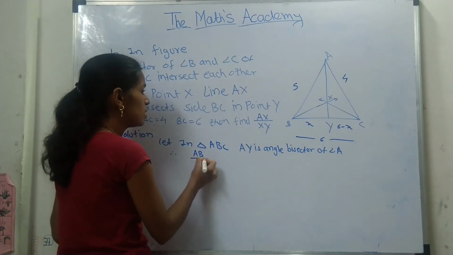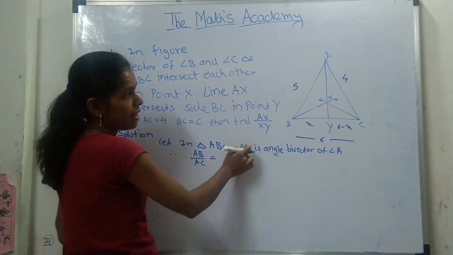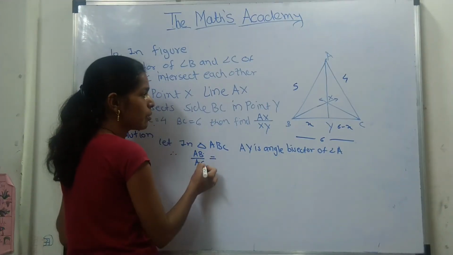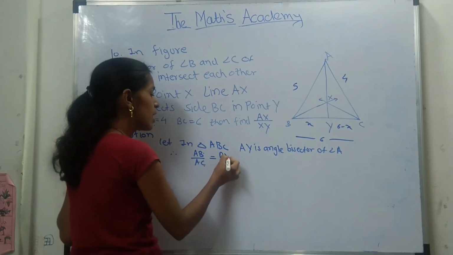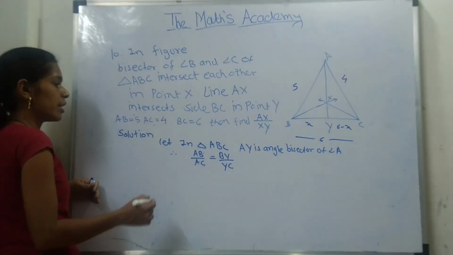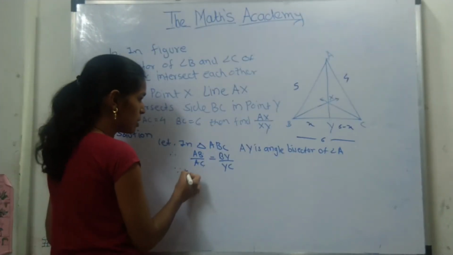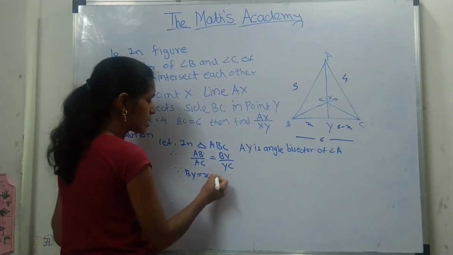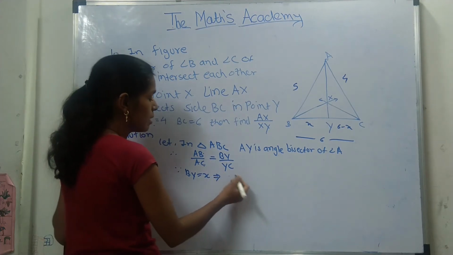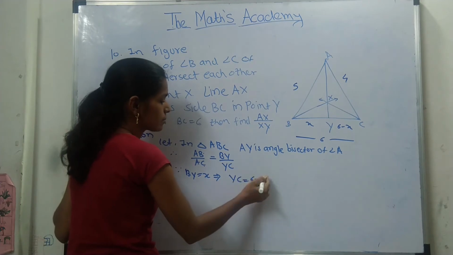AB upon AC is equal to BY upon YC. Since BY is equal to x, this implies that YC is equal to 6 minus x.